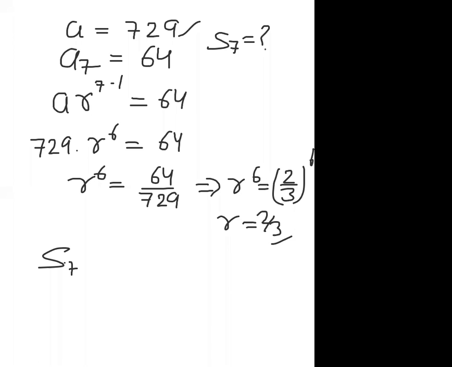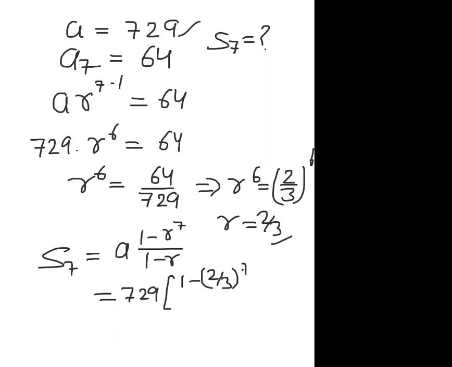So now it is our task to calculate the sum of 7 terms. So S7 will be equal to a, r is less than 1, so (1 minus r to the power 7) upon 1 minus r. a is 729, 1 minus (2 by 3) to whole power 7 upon 1 minus 2 by 3.